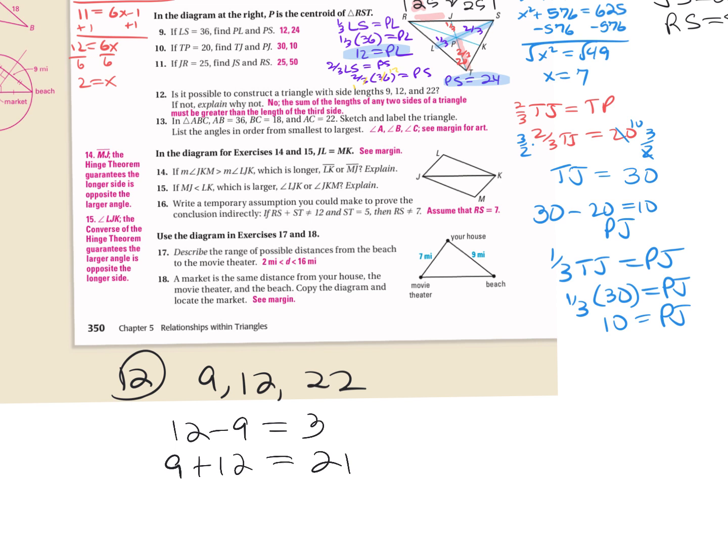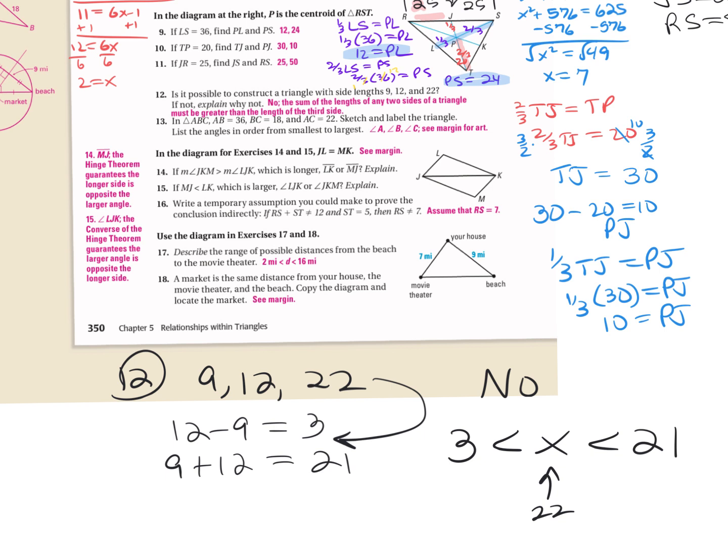And because 22 is not fitting in between that sum and difference, this answer is no, because the third side has to be greater than the difference but less than the sum, and 22 will not fit into this inequality. So this is why number 12 is no.